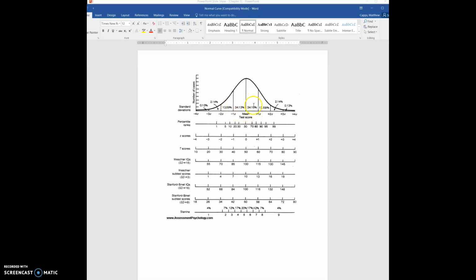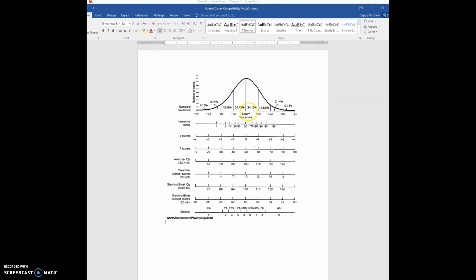This area tells us the percentage of people that are between 85 and 115. So this would tell us that 68.26% of the people have an IQ score somewhere between 85 and 115. When you move to the next band, the distance from here to here is 15 points.